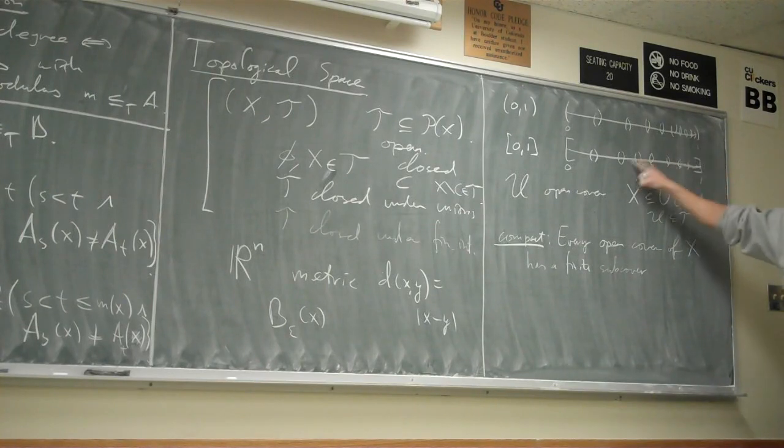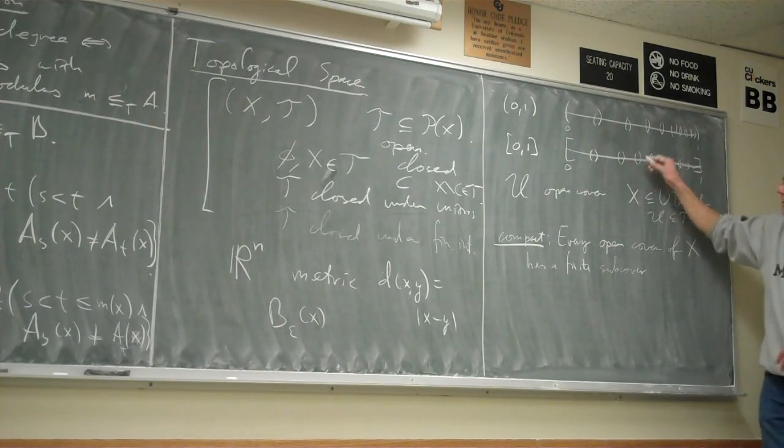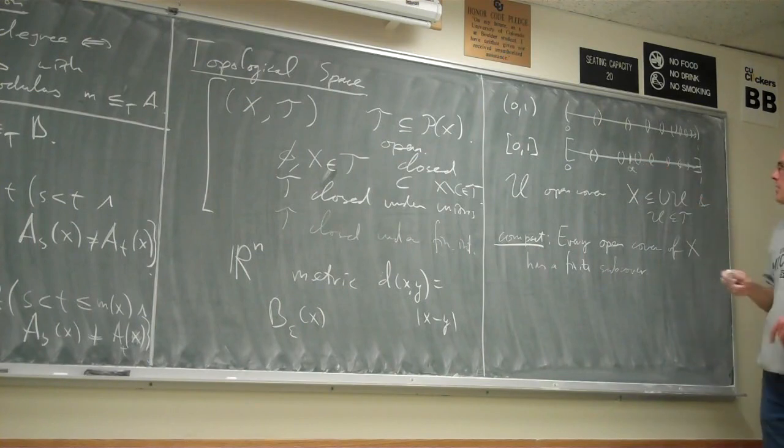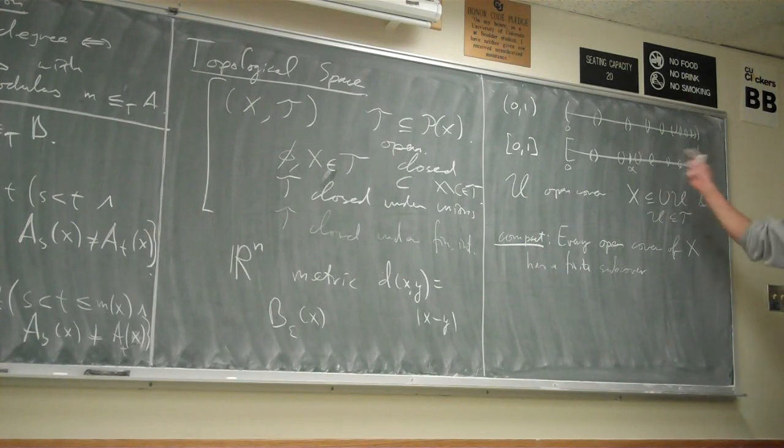So towards a contradiction, assume that you're not. Now you have this alpha, the least upper bound of all the points that can be covered with finitely many sets. So here is alpha. That means any point to the left can be reached with finitely many sets, but no points to its right can be reached with finitely many open neighborhoods.